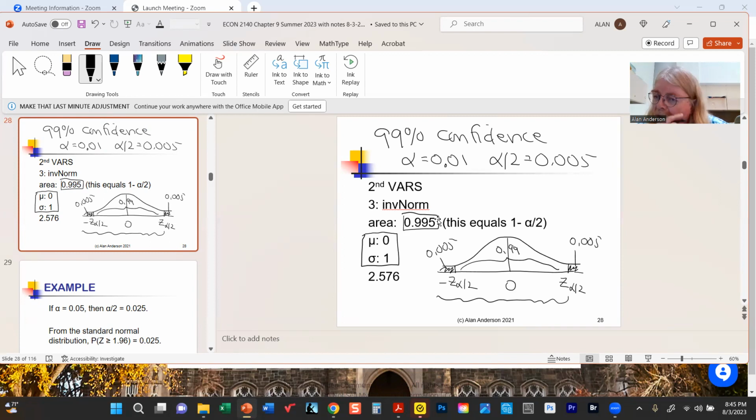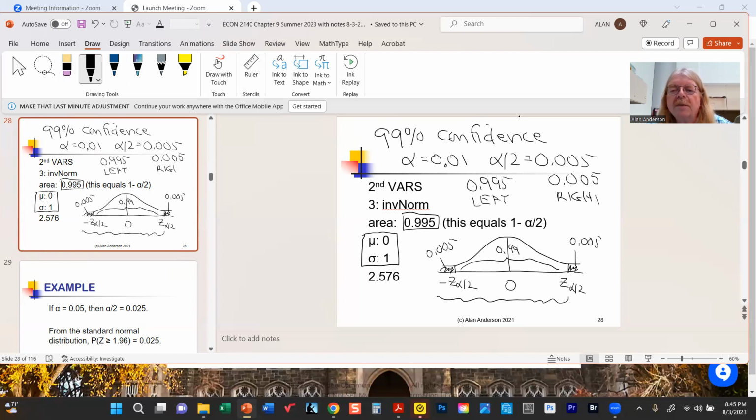Okay, so if you have this one, you have the option of switching it to the right tail, which means that you'll enter not 0.995, but 0.005. So 0.995 in the left tail is equivalent to 0.005 in the right tail. It's so confusing. I have to be careful with that. 0.5%, not 5%, 0.5% in the right tail.